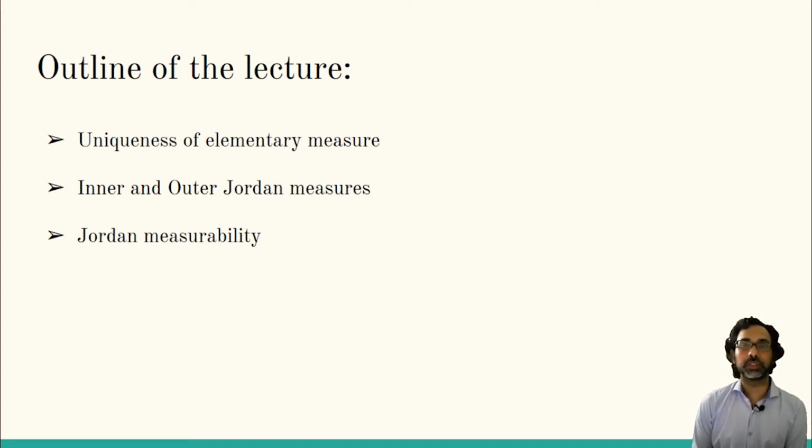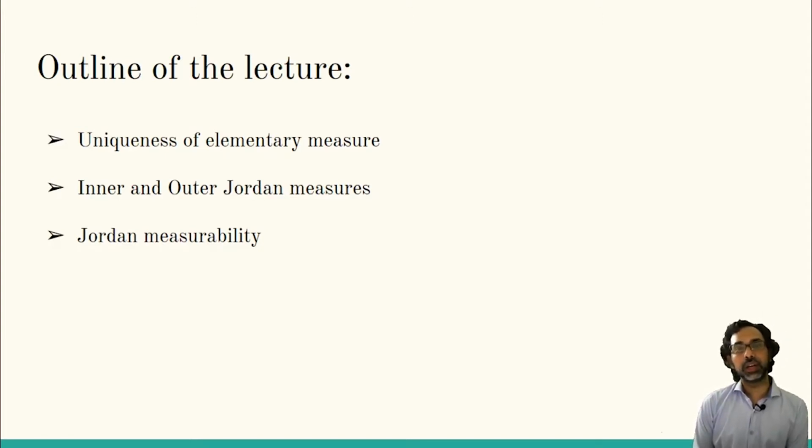study the Jordan measures. So once we have seen this uniqueness property for the elementary measure, we will then move to define what are the inner and outer Jordan measures, and then we will also define the Jordan measurable subsets of Rn.